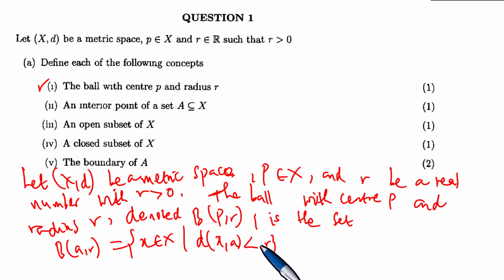So this is the ball, and this one is called an open ball. But you see, by the definition here, they meant the open ball, because of the way the material is written. So this one is an open ball with center p and radius r.